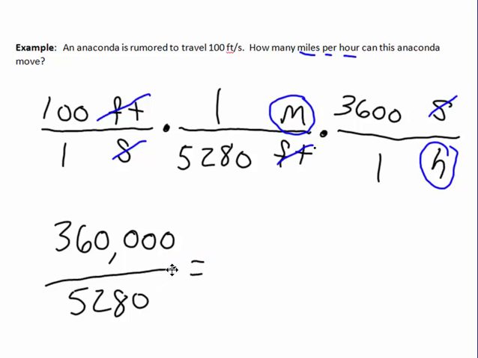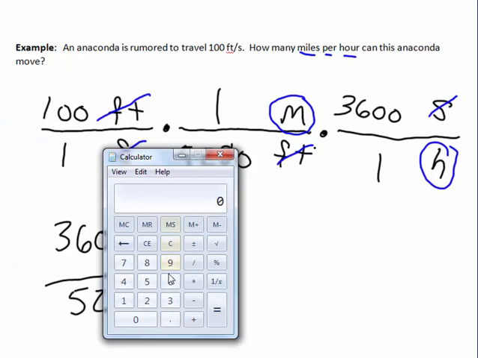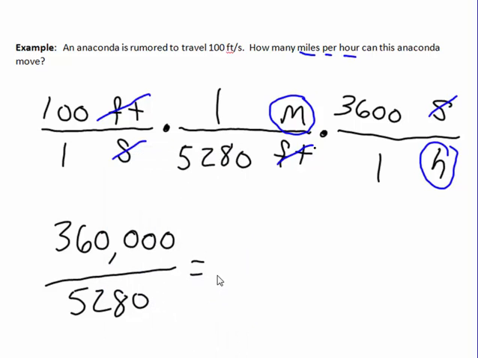And to simplify this, I'm going to need my calculator. Getting out my trusty calculator, 360,000 divided by 5,280 is 68.181818. All right, so this is 68.18. Now it would be 1818, but I don't really need it because that 1 is not bigger than 5. So again, keeping it to 2 digits, 68.18 miles per hour.